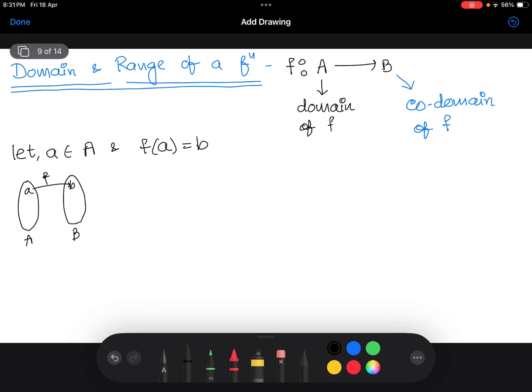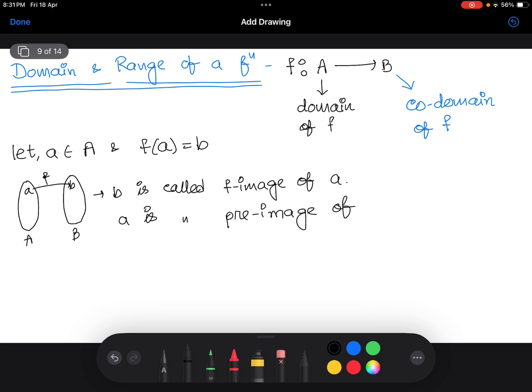So here this b is called the f image of a, and this a is called the pre-image of b. Okay, we get what we mean by image and pre-image.